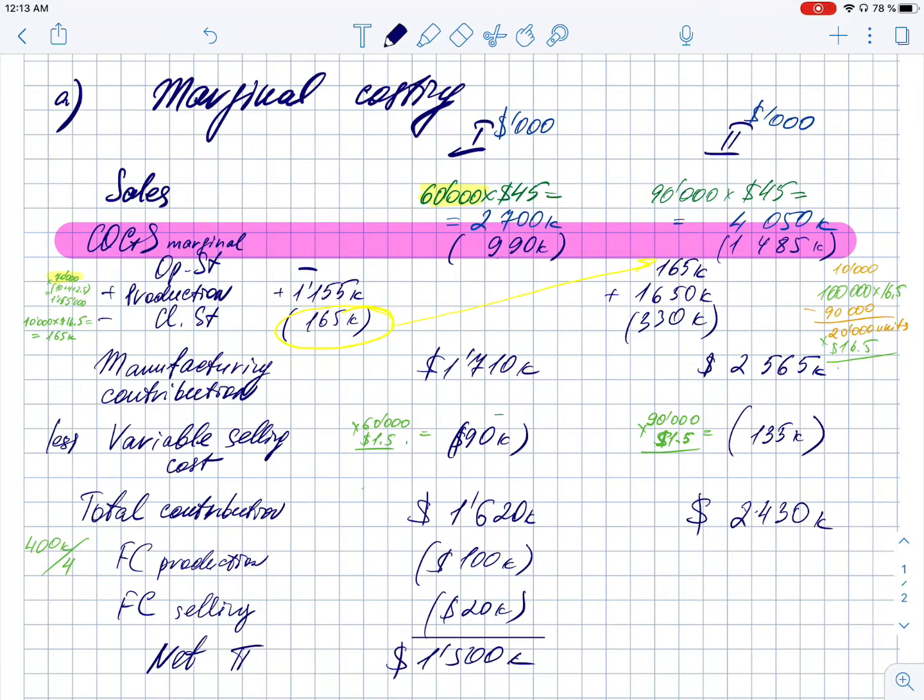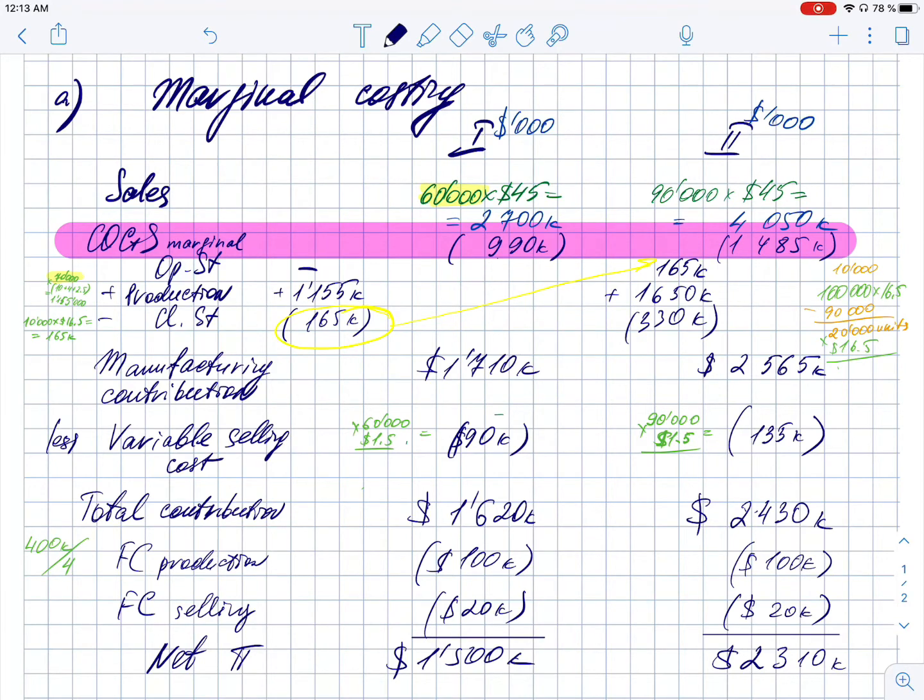And now we have to deduct the same amounts of fixed costs used in production, spent for production purposes per 1 quarter, fixed selling costs per 1 quarter, and eventually net profit for the company for the second quarter would be 2,310,000.